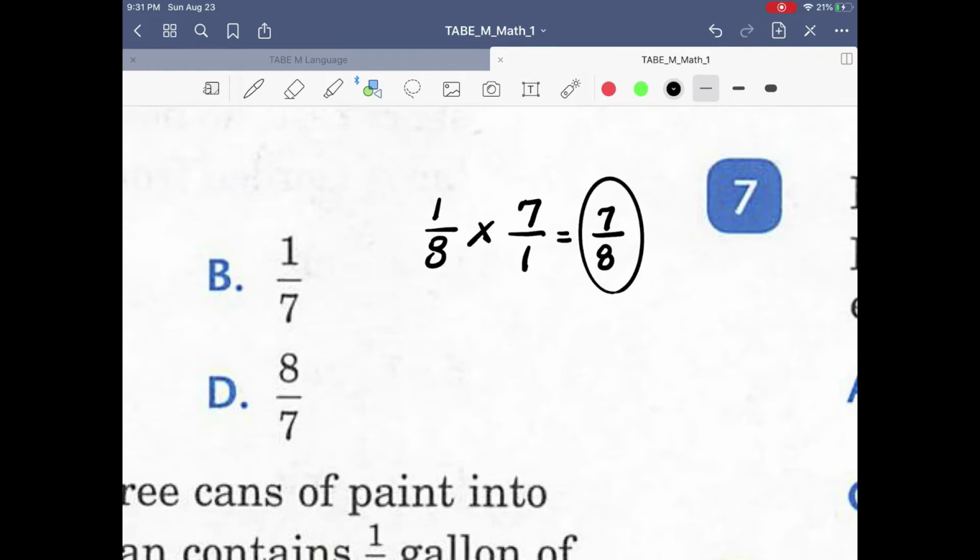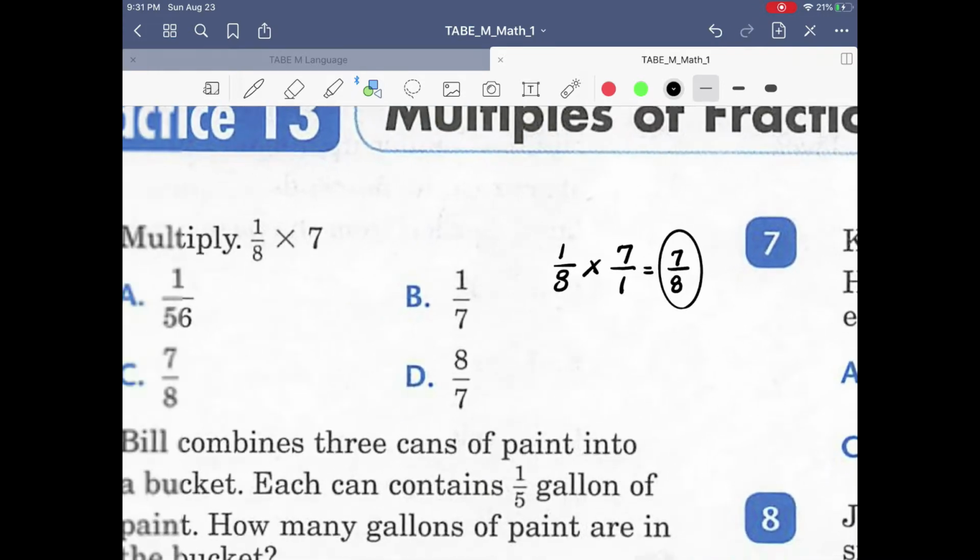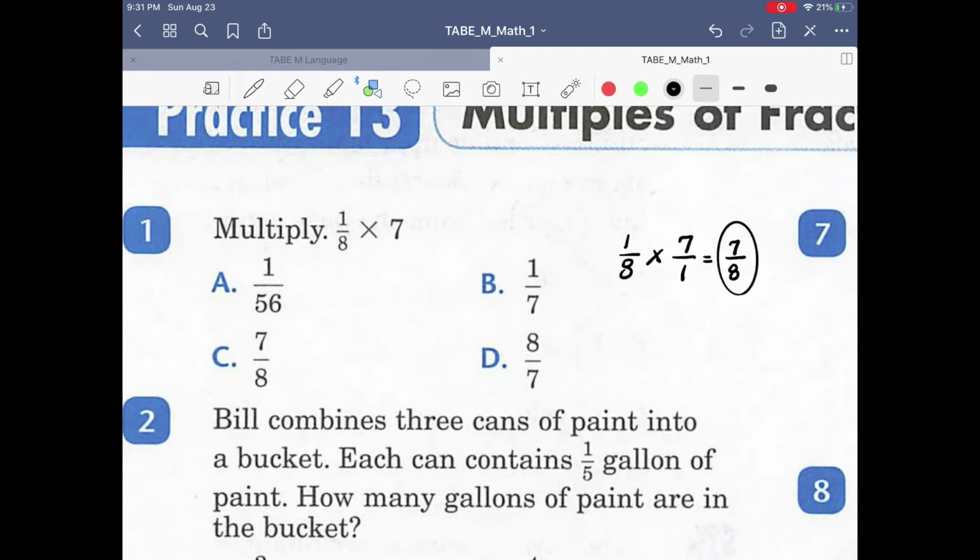So the answer here is 7/8, or C. So we're not worried at all about a common denominator. We're just multiplying top times top, bottom times bottom, or numerator times numerator, denominator times denominator. The denominator is down. It's on the bottom.